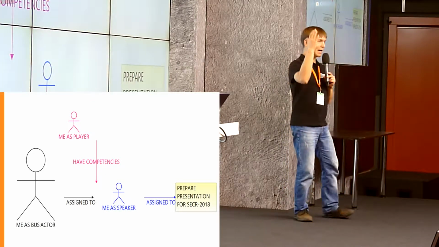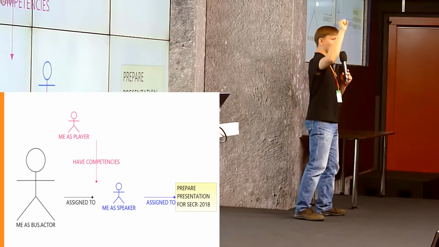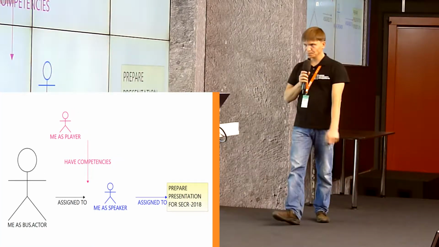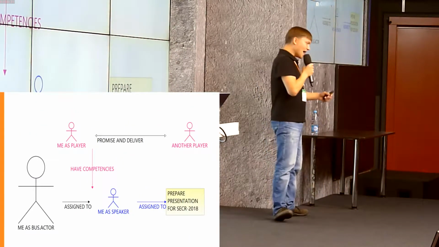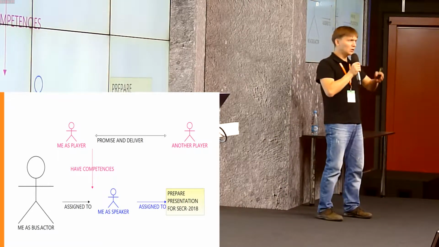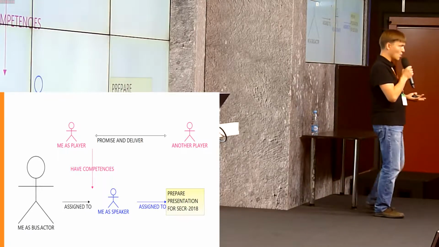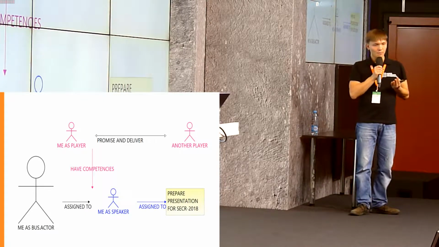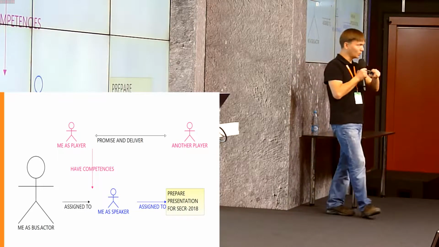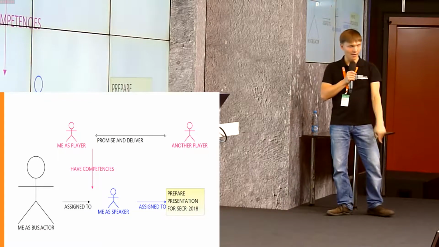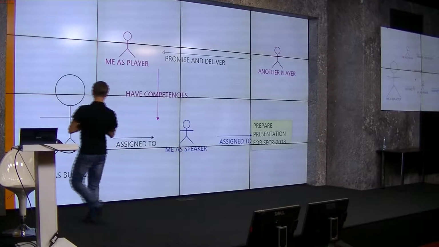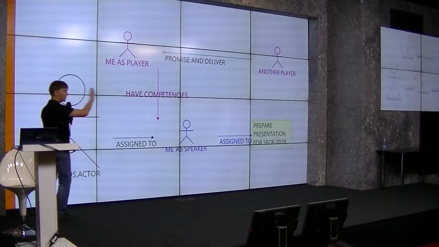So if we have different roles, then there is a player who switches these roles, who switches different stakeholders. And in fact, when we build teams and organizations, we don't think only about performing tasks. We are talking about meeting commitments, fulfilling commitments. And it's not a stakeholder who fulfills a commitment. That's a player. So we have a three-part model: business actor, stakeholder, and player.